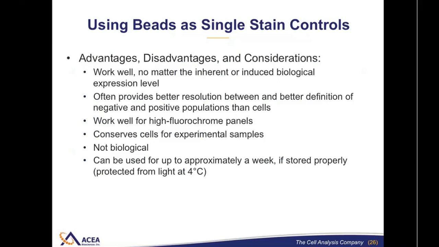First, we will consider using beads to create single chain controls. Beads work well no matter the biological expression level of your markers of interest. For example, markers that are rare, such as FOXP3 on T regulatory cells, can be challenging to use as single chain controls because of the potentially low levels of positive events. Using beads can circumvent this challenge.